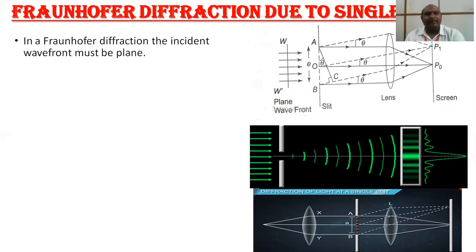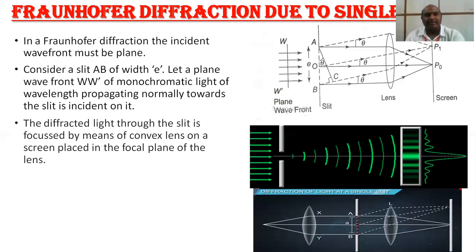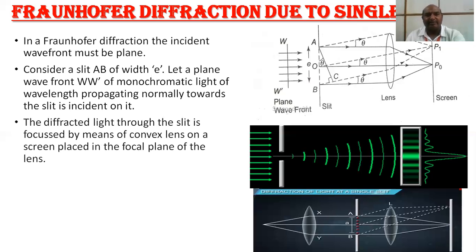In Fraunhofer diffraction, the incident wavefront must be a plane. Let us consider a slit AB of width e.